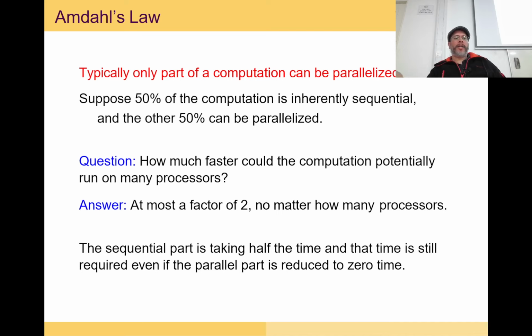See, the sequential part is 50%. So that means out of those 10 hours, right now you're running on a serial machine, just a single thread. So half of the time, 5 hours, is taken by the sequential part of the algorithm, and the remaining 5 hours are taken by the parallelized part. If I give you an infinite number of processors, all you can do is the latter 5 hours can be reduced to 0, because you will divide that by infinity.